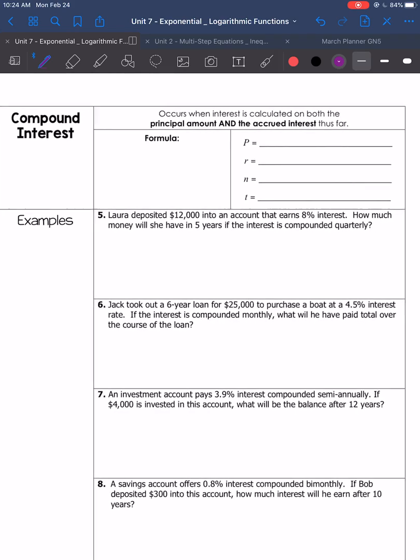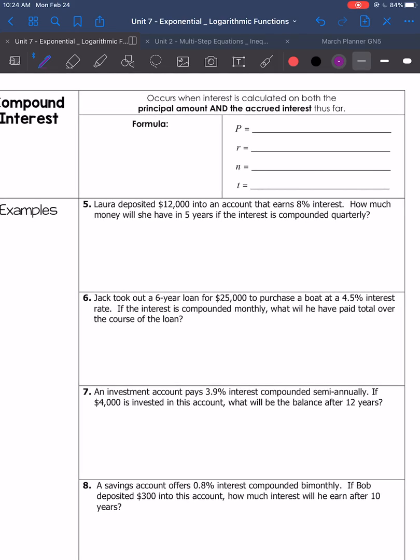And then compound interest. You may have talked about this already in personal finance. So the formula is A equals P times 1 plus r over n to the n times t.